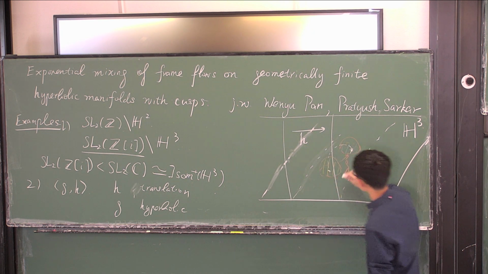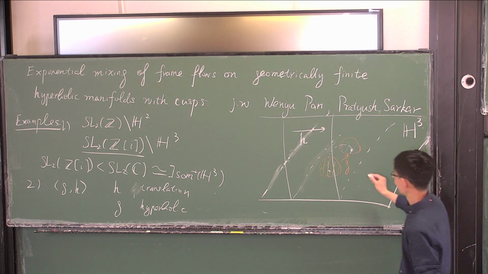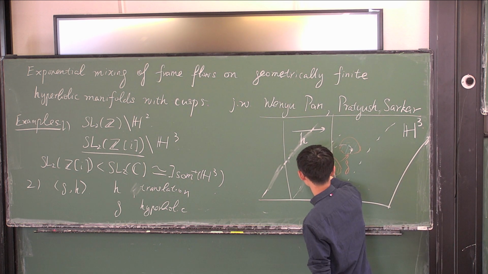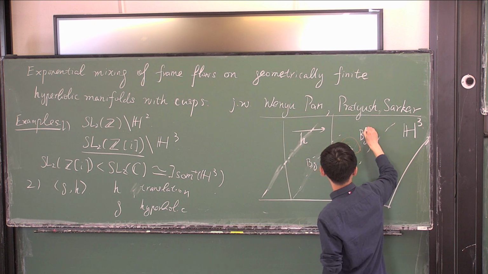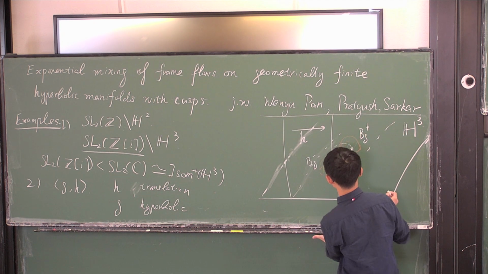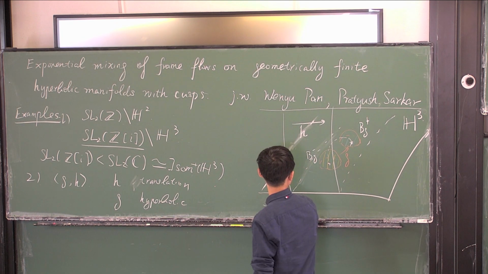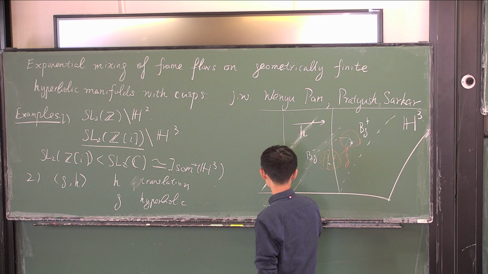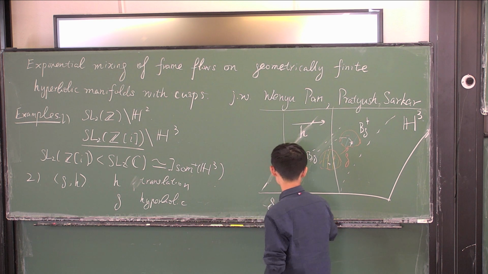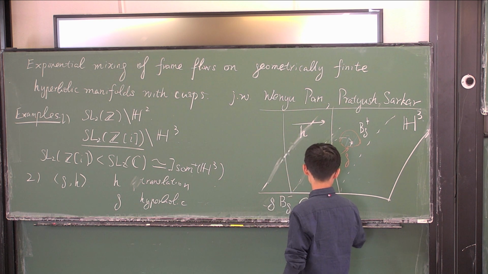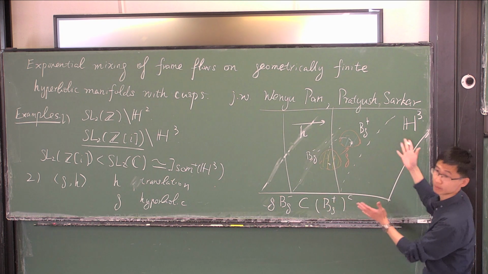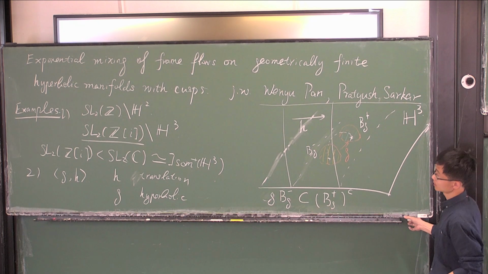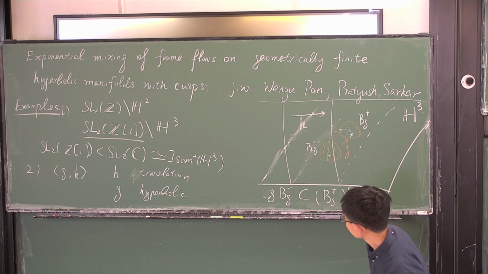I call this ball B_G minus. This is B_G plus. Then the action of G maps the inside of B_G minus to the complement of B_G plus. So it's really an expanding map. So this gives the example.